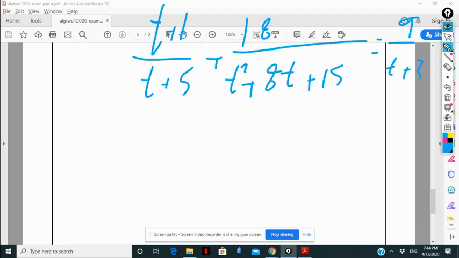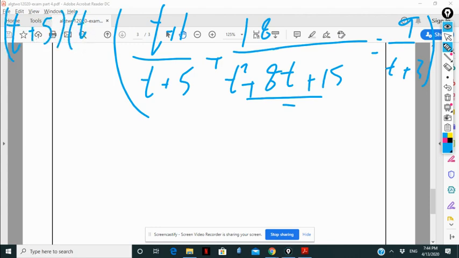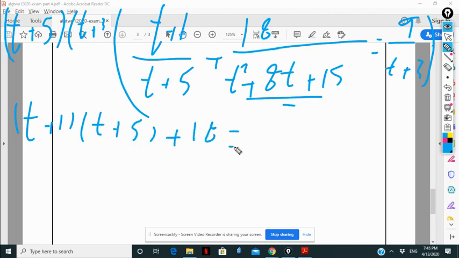Now if you observe, t plus 3 times t plus 5 is going to give me the middle term. So I multiply by the least common denominator, which is t plus 5 multiplied by t plus 3. So I'm going to get t plus 1 times t plus 5, multiplying the whole equation, plus 18 equal to 9 multiplying by t plus 5.